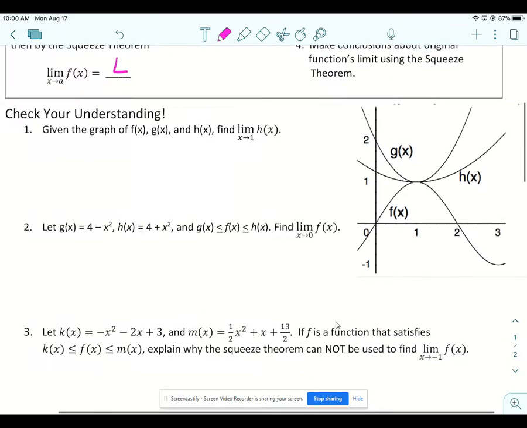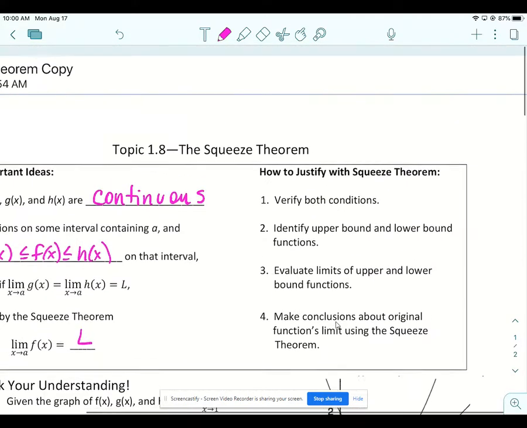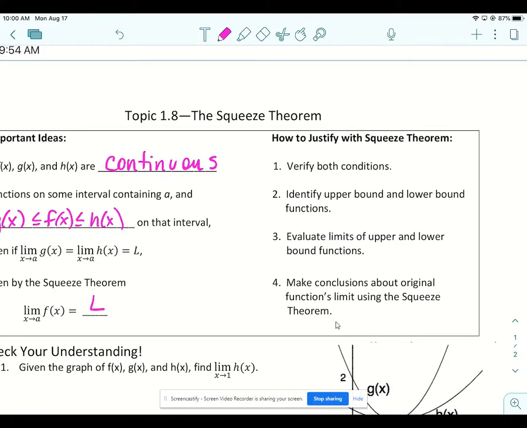All right, so we're given the graph of f of x, g of x, and h of x. Oh, sorry, I forgot the steps. Okay, so to justify using the squeeze theorem, we have to show that the functions are continuous, which we will talk a whole lot about later, but right now you basically can graph them without picking up your pencil.